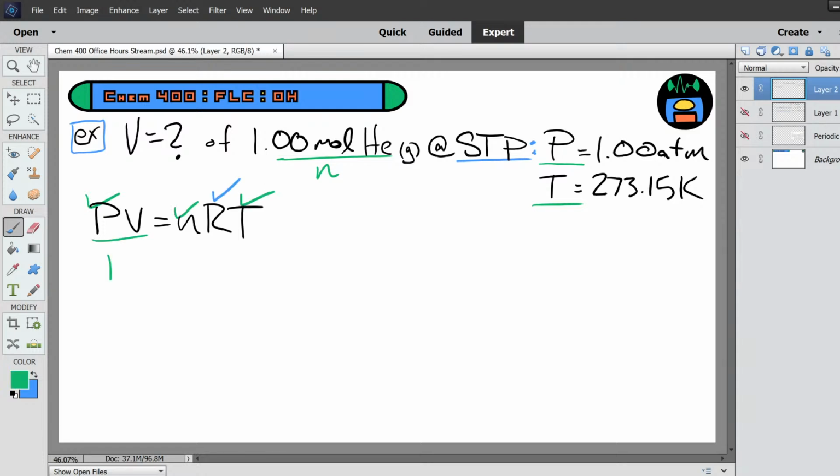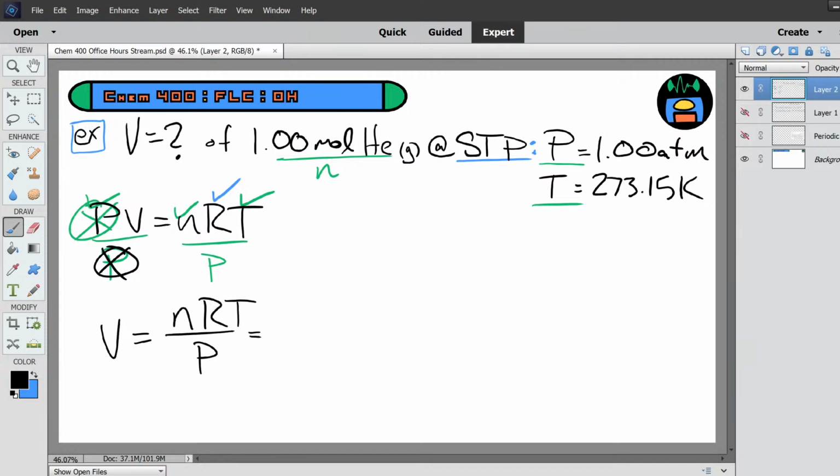So we've got one algebraic step to do: divide both sides by pressure to isolate the volume of the gas. And so the volume of the gas is equal to the moles times the ideal gas constant times temperature over pressure.